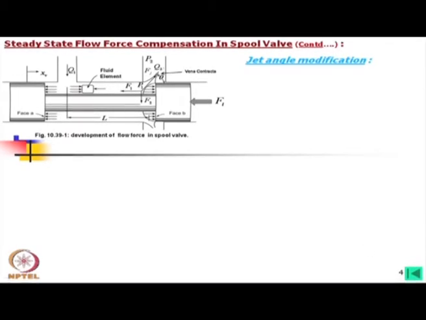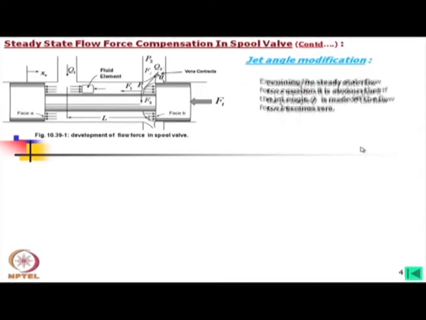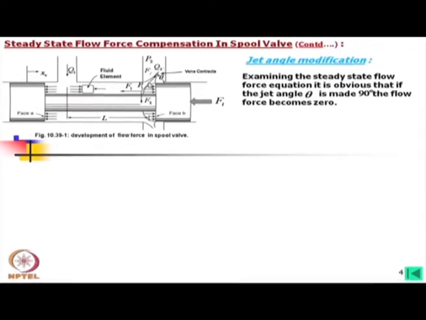Say for example, if we can make this angle 90 degree, that means the flow goes straight directly in the upward direction, then definitely there will be no component in this direction. You may ask about F 2, which will be large, but F 2 is uniformly distributed over the circumference.